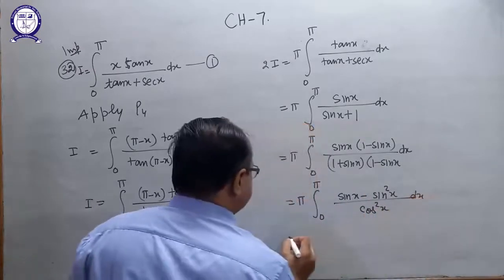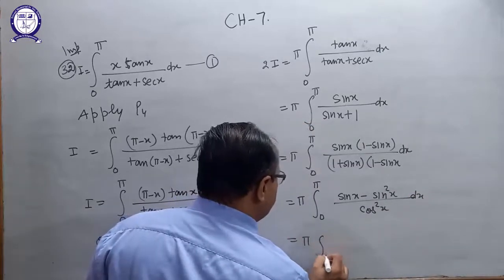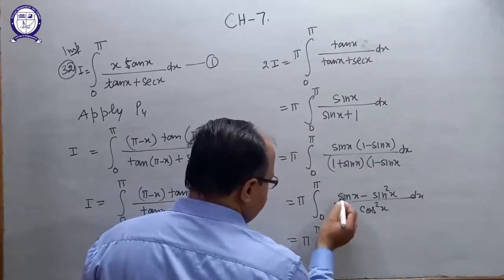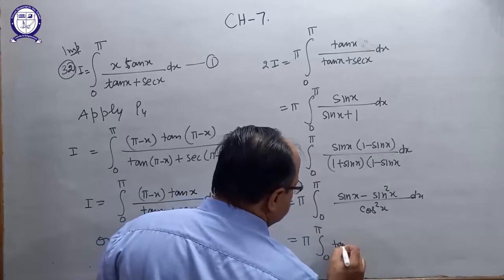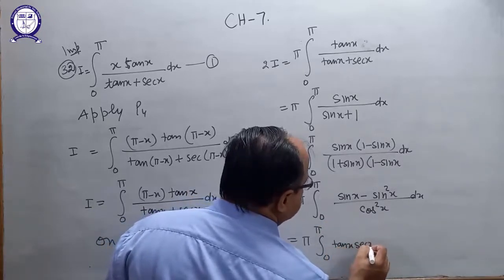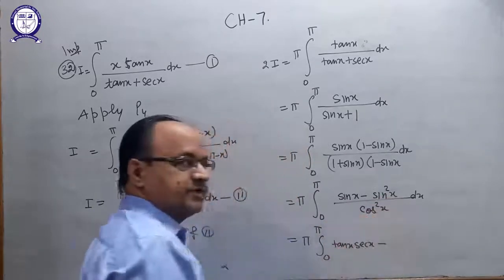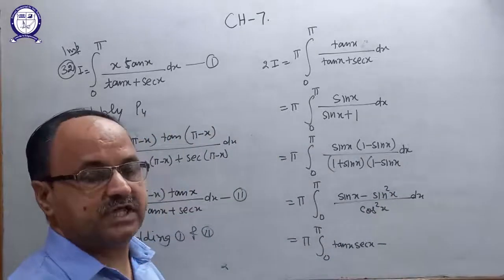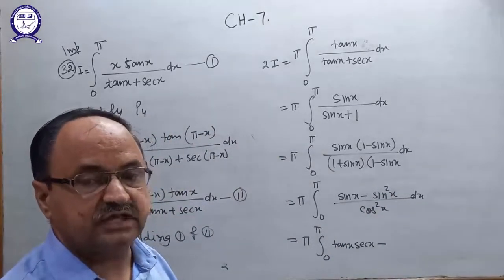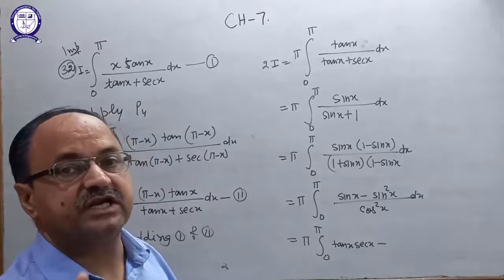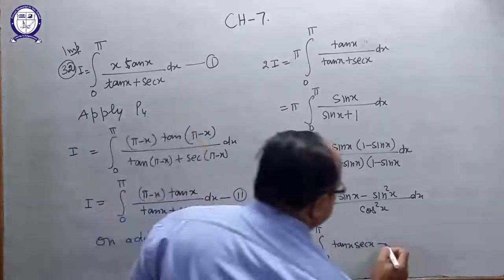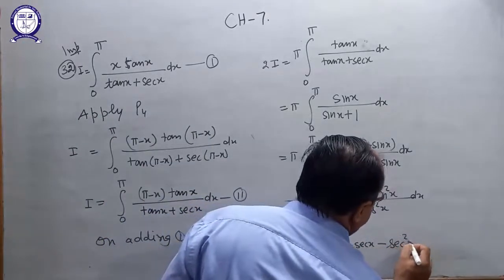Separate sin x by cos square x, that is tan x sec x, and sin square x by cos square x is tan square x, and in place of tan square x you can write sec square x minus 1.